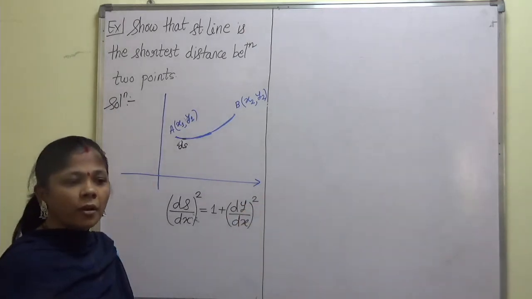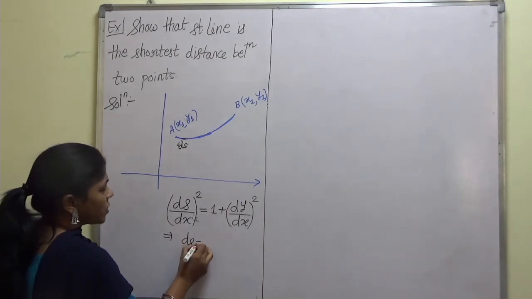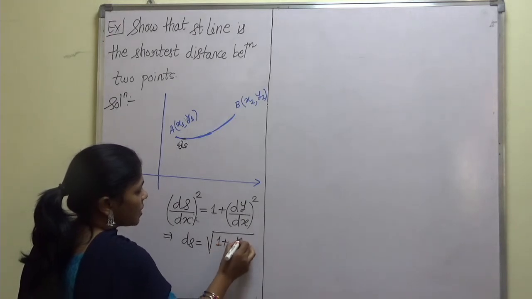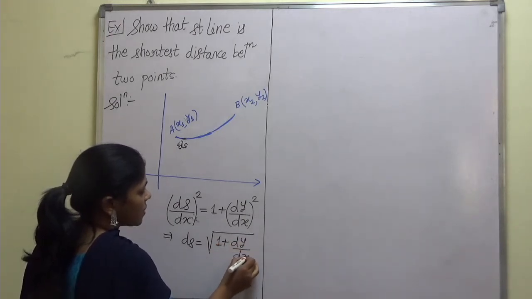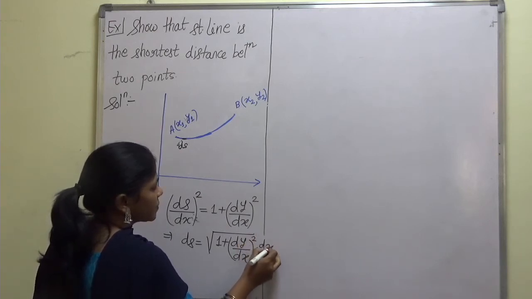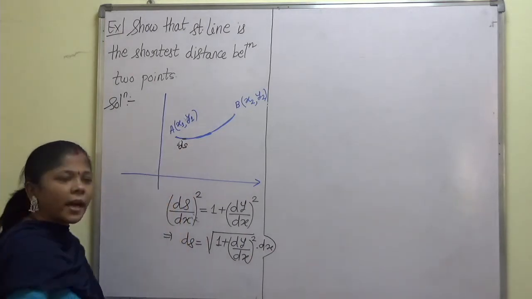What we wish to find out is ds. So what will be ds then? ds will be nothing but under root of 1 plus dy by dx whole square into dx, right? So this is the formula for this small arc length.